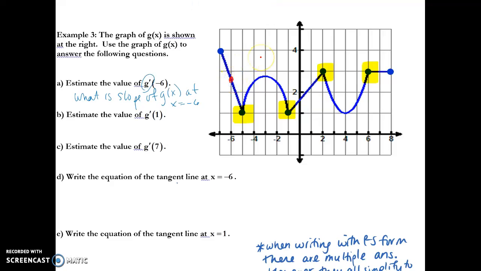And when my graph is linear, we know that the derivative of a linear function is just equal to the slope of that function. So if we just figure out our slope here, I'm going down 3 over 2, then any point, doesn't matter where I were to pick it, any point on this line segment here is going to have a slope of negative 3/2. The same slope that we see when x is negative 6.